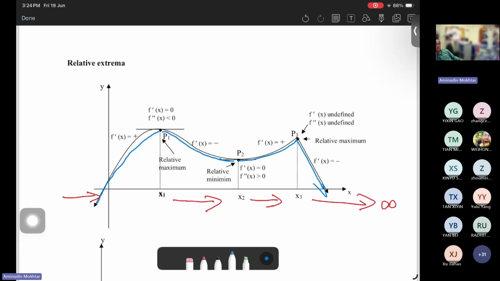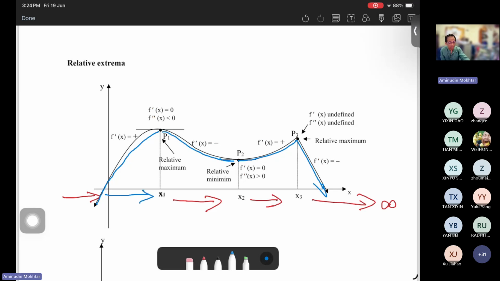Now we can see the movement of the graph when we move from negative infinity to positive infinity. Let's see, I move to x1.